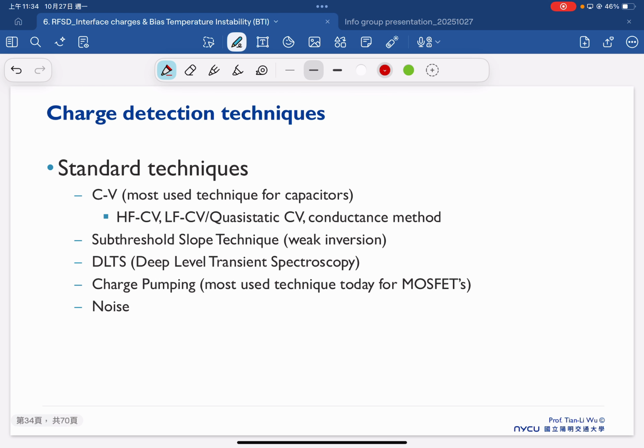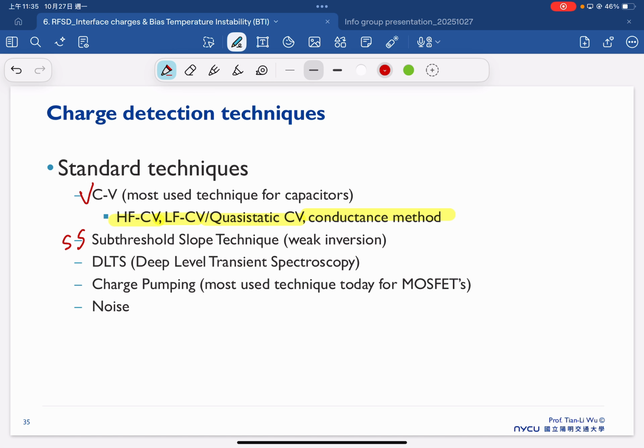So when we talk about charge trapping here, for sure there are several ways that we developed in the past to do this charge detection. There's a very standard one where we can use CV measurement. For example, we can use high frequency CV, low frequency CV, quasi-static CV, the conductance method here. And also we can use the subthreshold swing SS for the characterization of this charging.